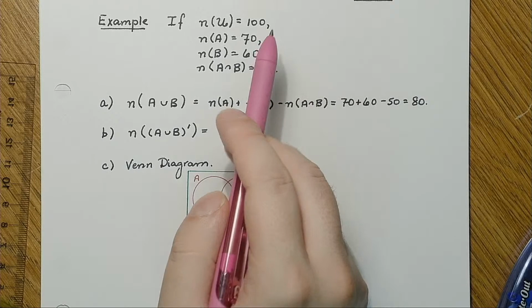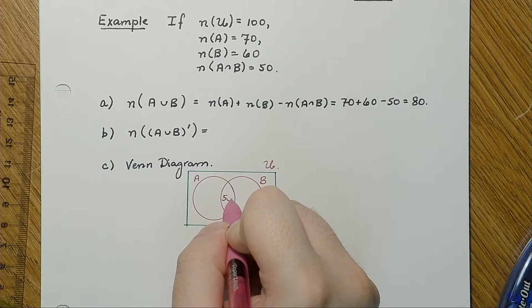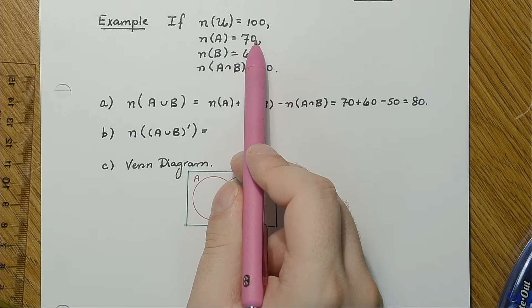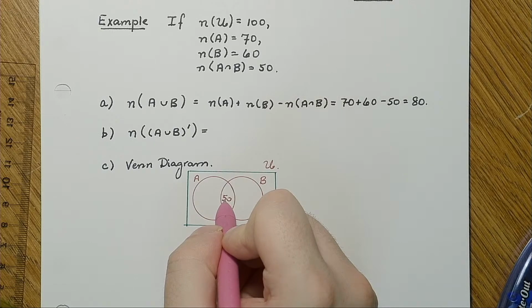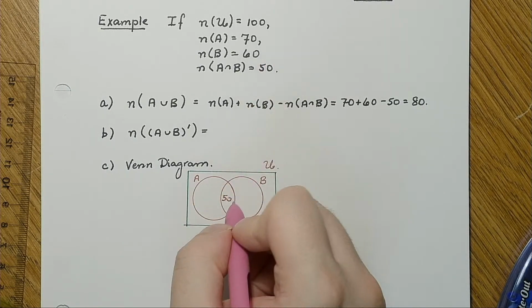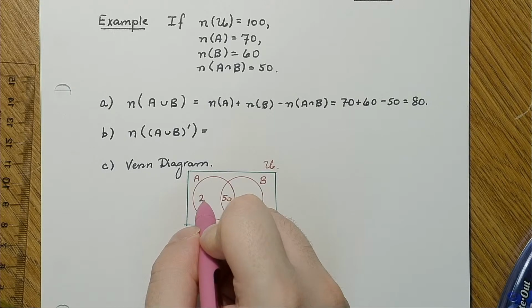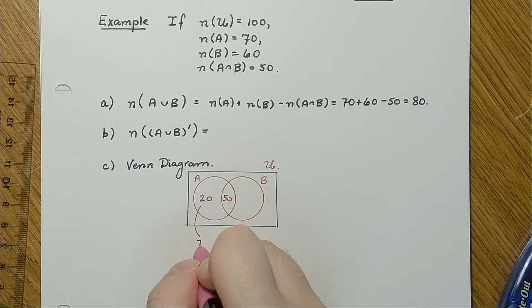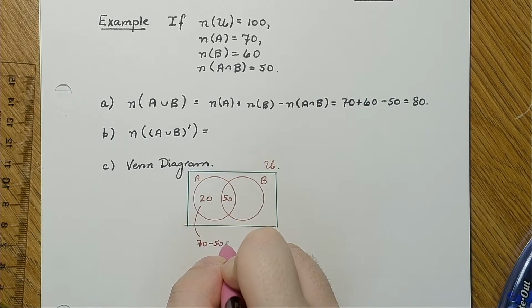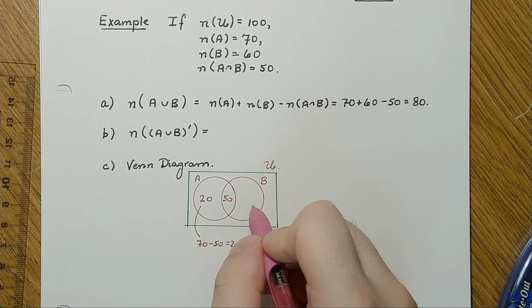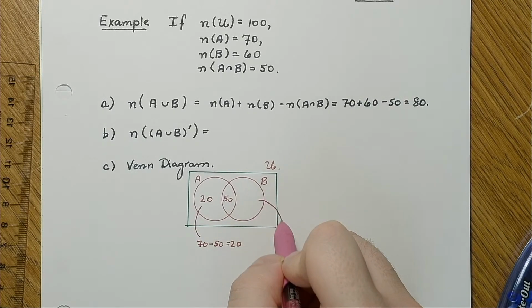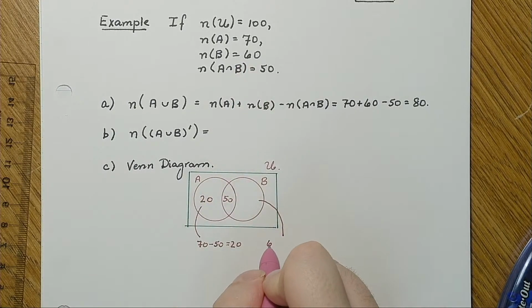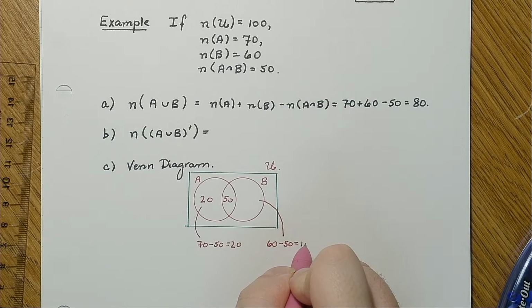So again, I can write out what I have here. I have my intersection is 50. There is 70 in total for A. So I'm going to do 70 minus 50, which gives me 20 for that region. And over on the B side here, I have a total of 60 minus 50, which gives me 10.